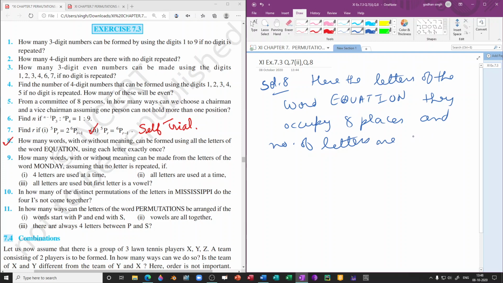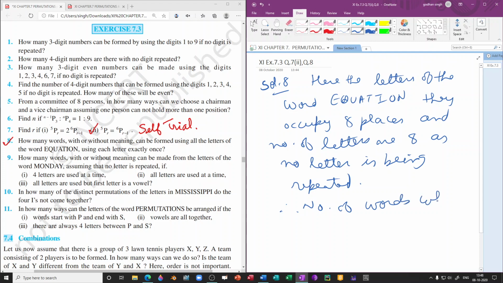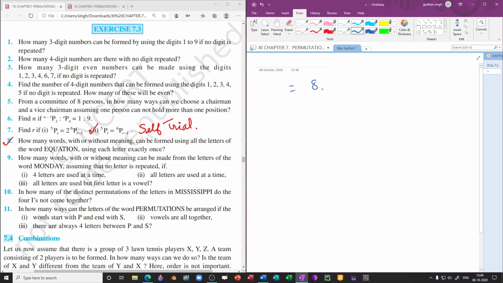Therefore, the number of words which are possible with or without meaning is equal to 8P8. Why 8P8? Because there are 8 places to be filled up and there are only 8 letters.